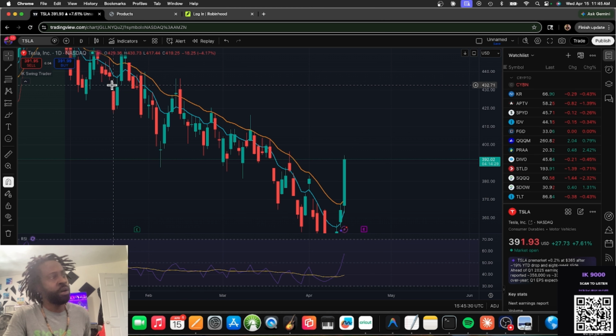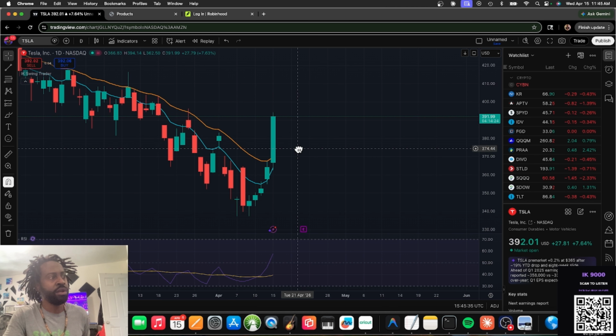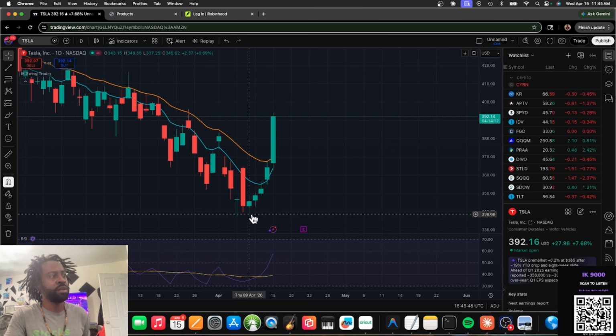All of this came down here, and it just started to curve up. These candles right here gave me the signal to start looking at it because it looked like it was about to start trending up.